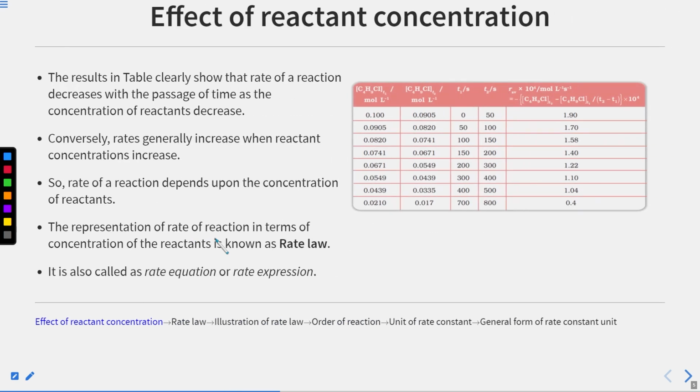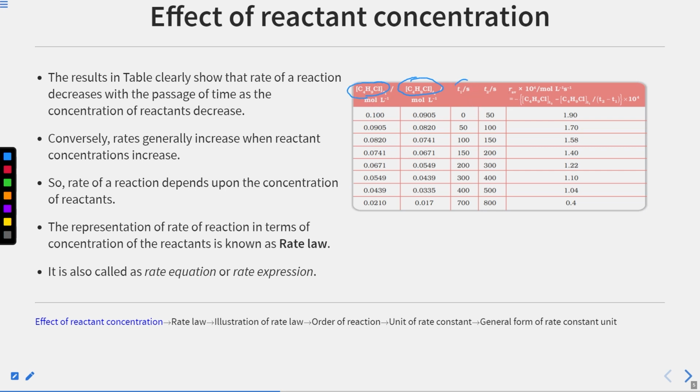The first topic is the effect of reactant concentration. Here you are seeing a table, and the reaction goes like this. Sorry for not mentioning the reaction, but just assume that this is a reactant and this is also a reactant, so both are acting as reactants here.